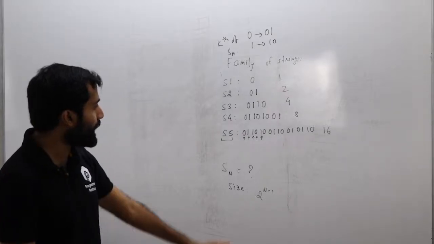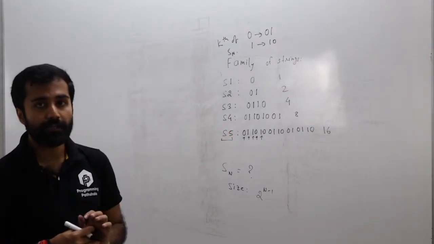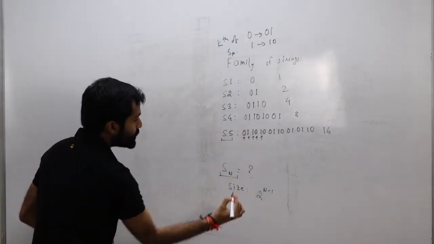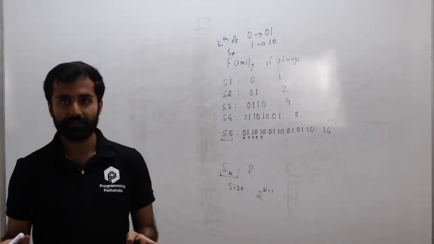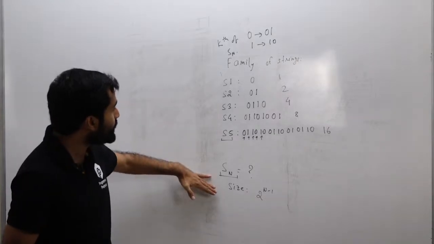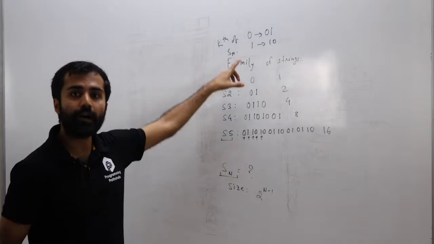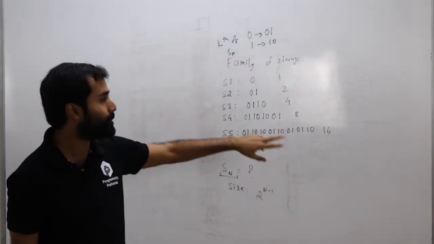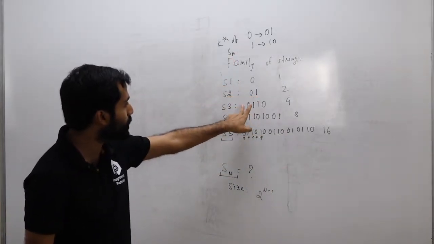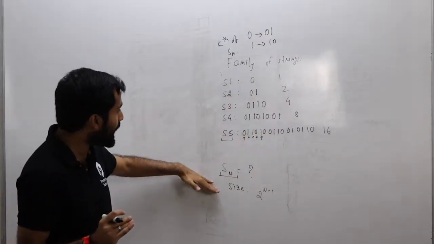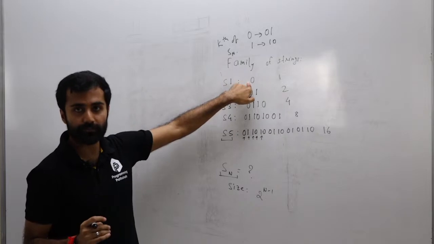Now, coming back to how I solve it, no matter which string you are talking about, it has been generated from 0 only. I mean, their godfather is 0 only. From 0 you got 0, 1, from 0, 1 you got 0, 1, 1, 0, from this you got that. So the highest ancestor is 0.